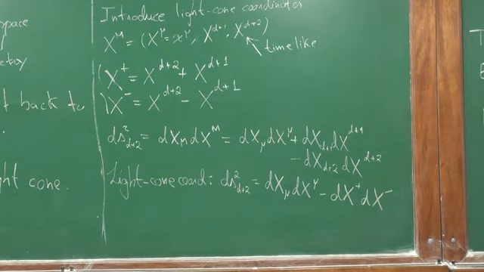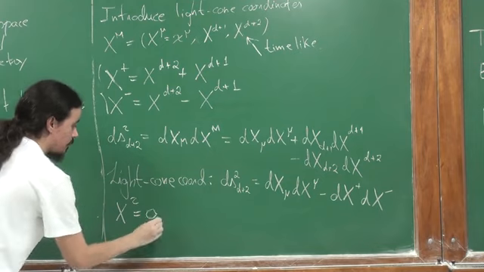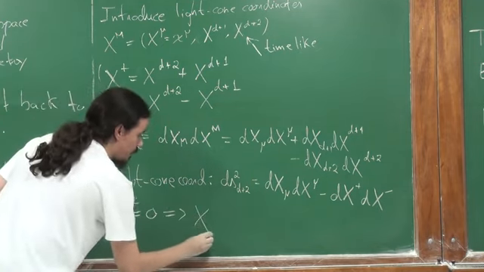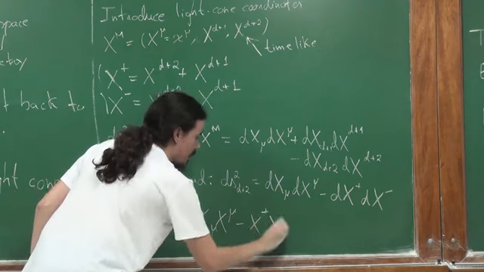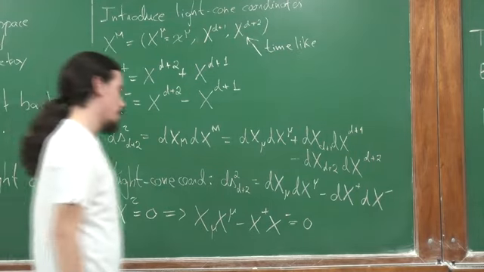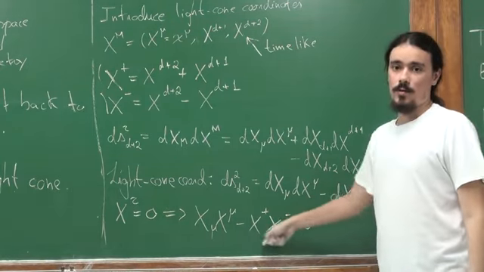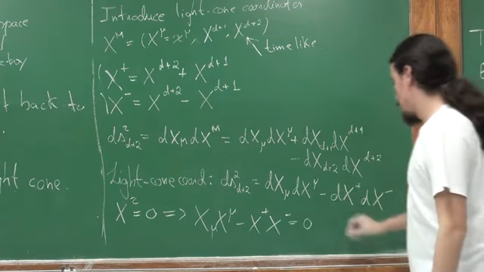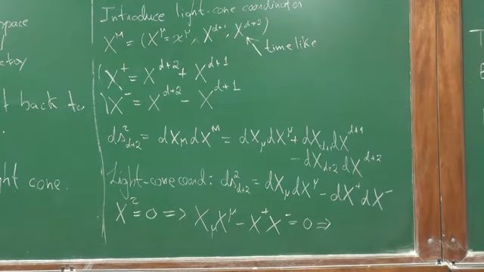And so the first constraint in these coordinates reads x mu minus x plus x minus equals 0. Okay? On the right column coordinates. So we want to eliminate, of course, these two new coordinates. So we can solve this one. I guess we solve it for x minus.